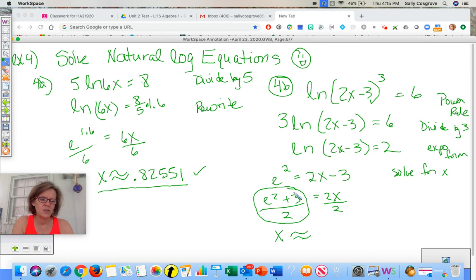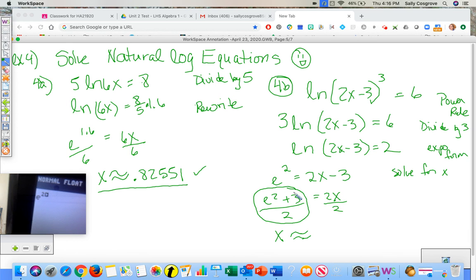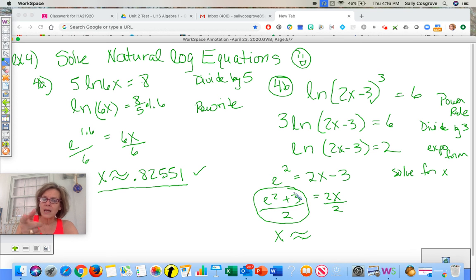I'll type in the 2, so I now have e squared. If you'll notice, look where my cursor is. It's still up in the exponent spot. So I need to push the right arrow button once to get the cursor out of the exponent spot. Careful with that, otherwise you'll get strange answers.